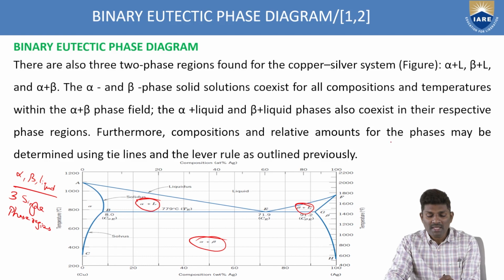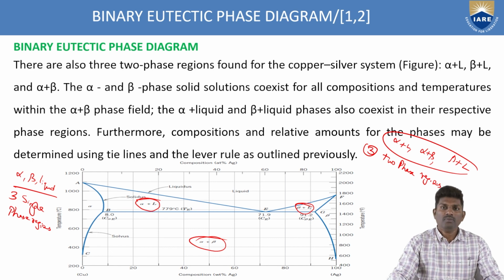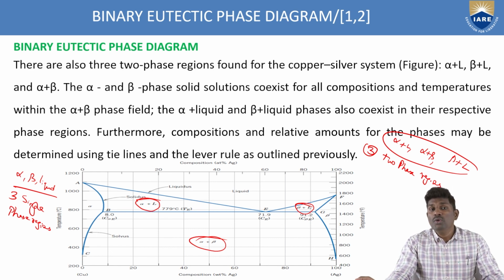So what is happening here? Again you have alpha plus L, alpha plus beta and beta plus L. Here you have three two-phase regions. So in total you have three single phases as well as three two-phase regions in this phase diagram.